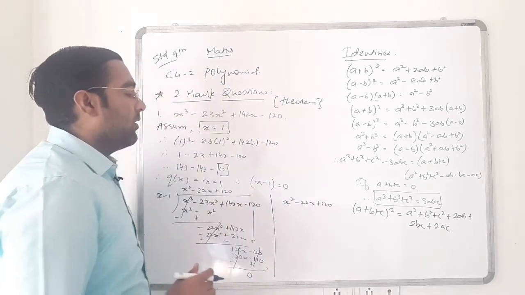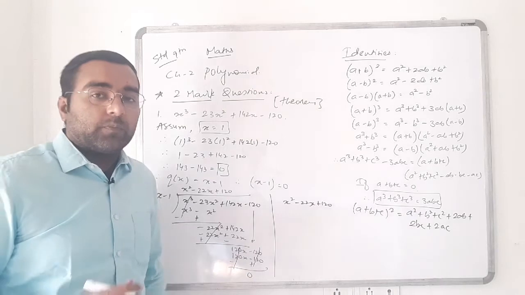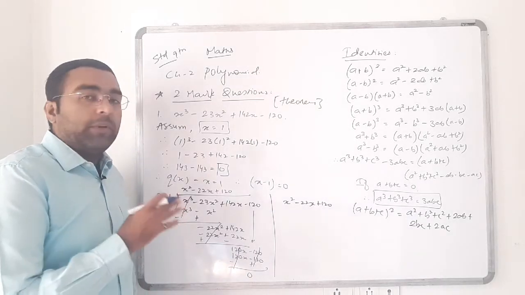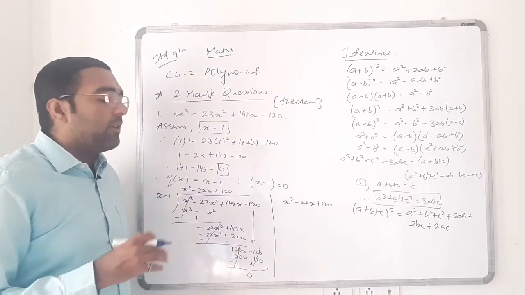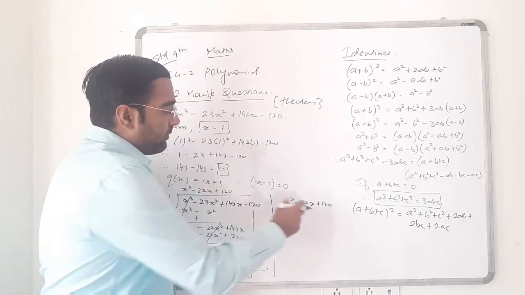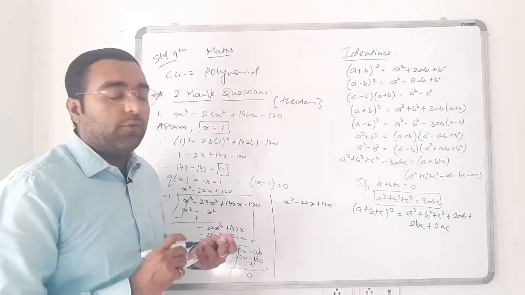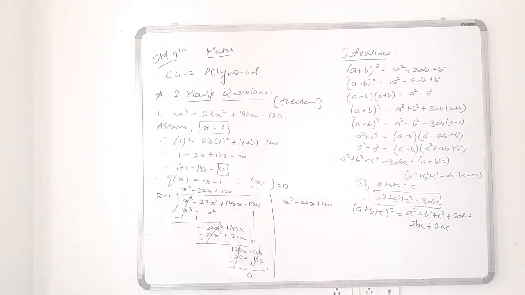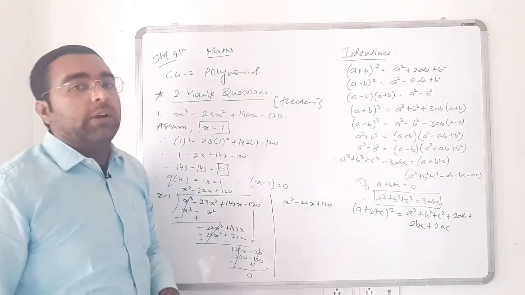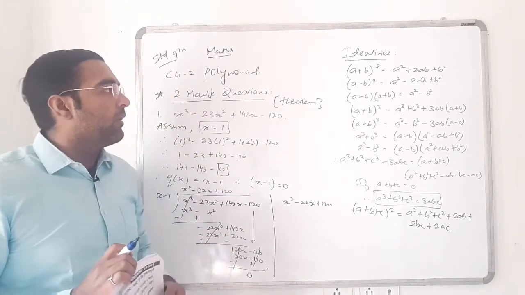Now we have to split these terms with the middle term splitting method. So first of all we have to factorize 120 to form minus 22.